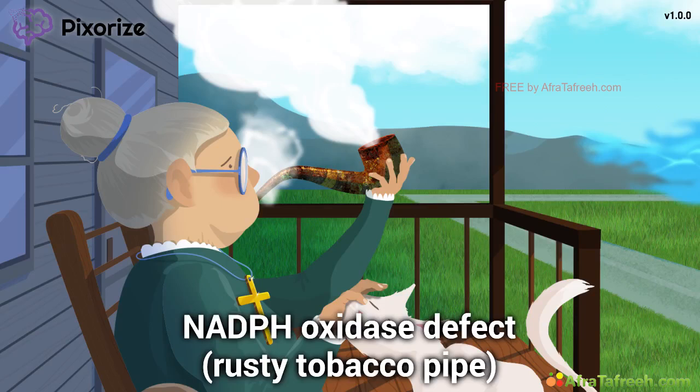You should check out our video on the neutrophil respiratory burst for more, but here's the short version. NADPH oxidase is crucial in the respiratory burst of neutrophils, a process that creates reactive oxygen species to kill pathogens. Specifically, NADPH oxidase uses oxygen to create superoxide free radicals.